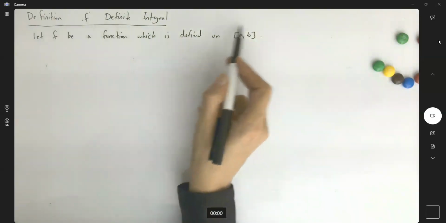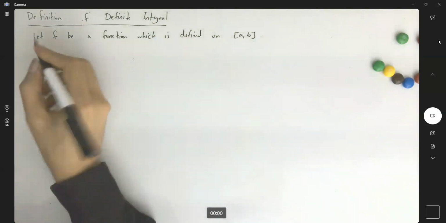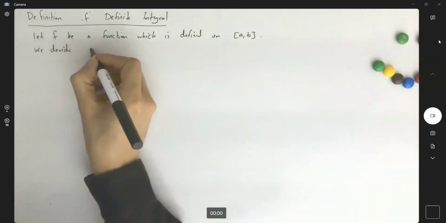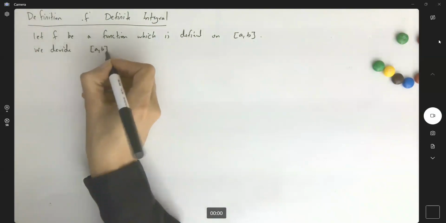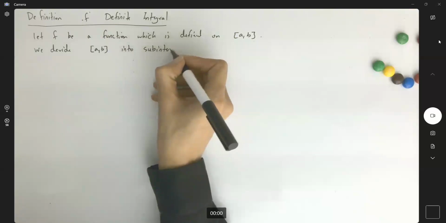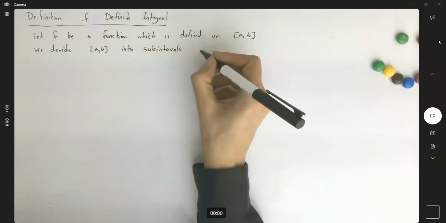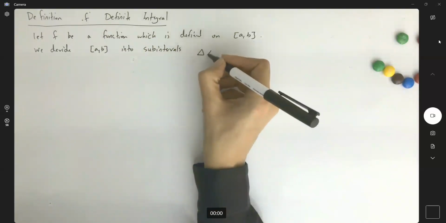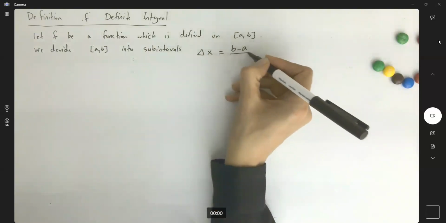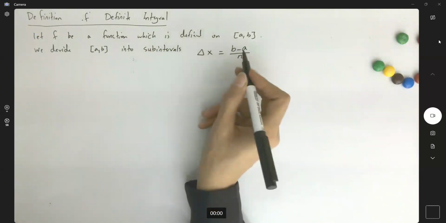We're going to divide this interval into sub-intervals. How are we going to do that? We're going to define delta x to be b minus a divided by n, and these are the widths of these subintervals.